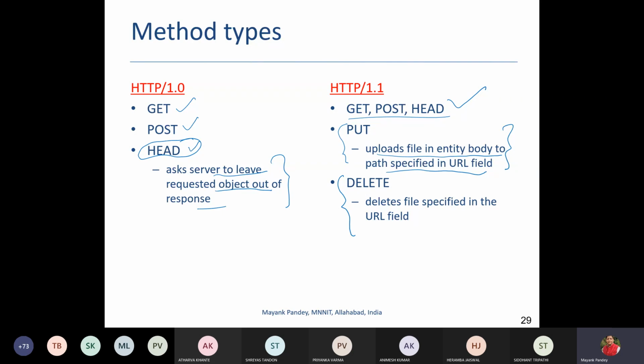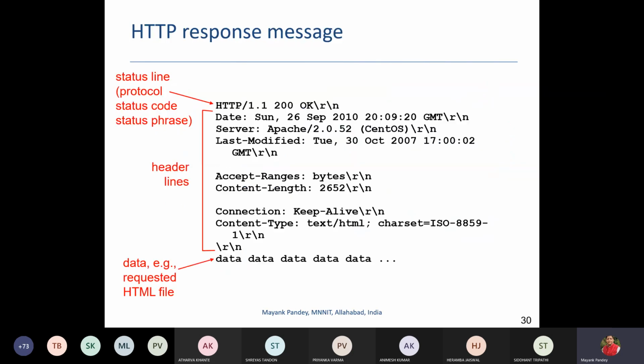Another way is using HTTP only. You can use the put method to put things on a web page, or the delete method to delete the files named in the URL field. Fine. So in HTTP 1.1, you can get a control panel of your website. If you are a website admin, you can use put and delete methods to change the look of your website.